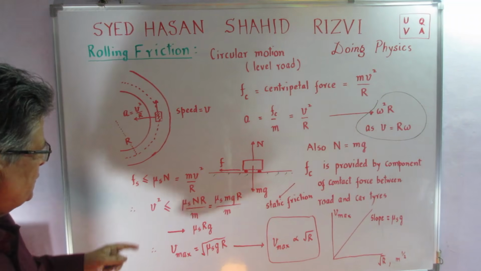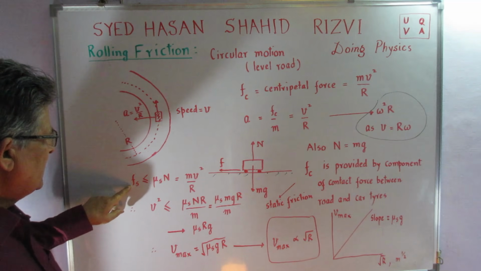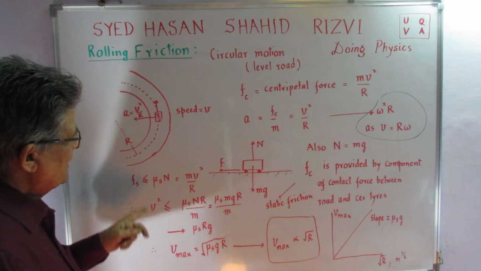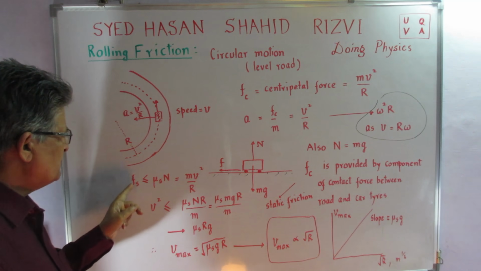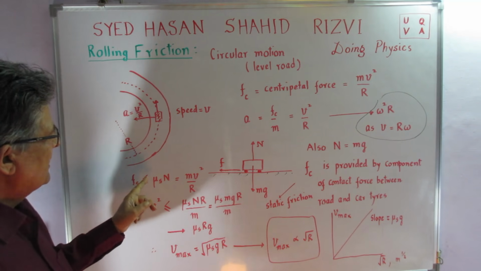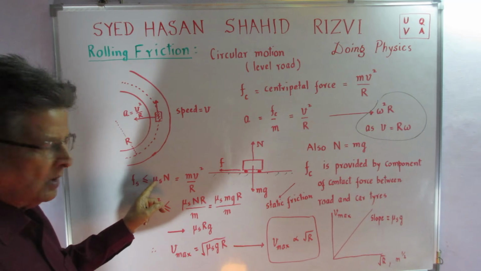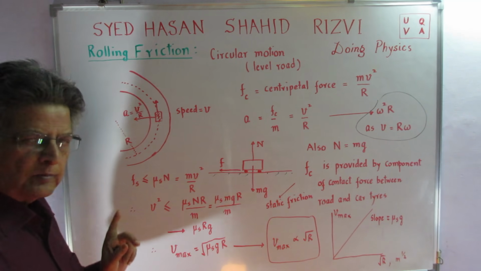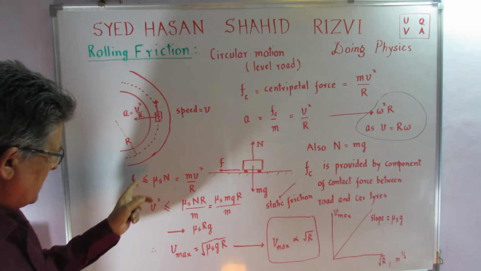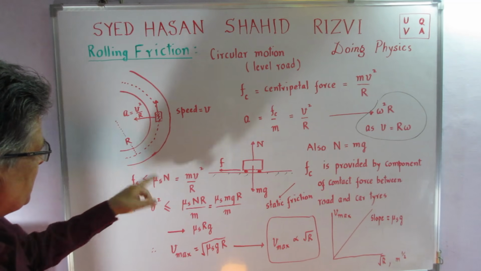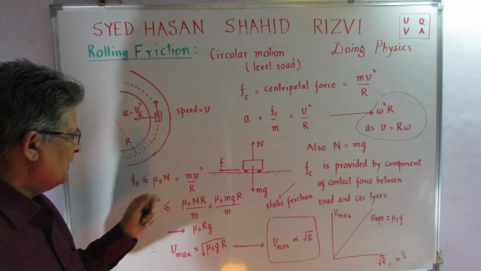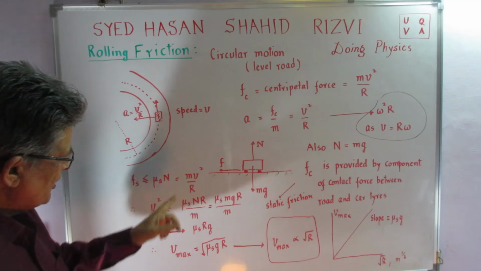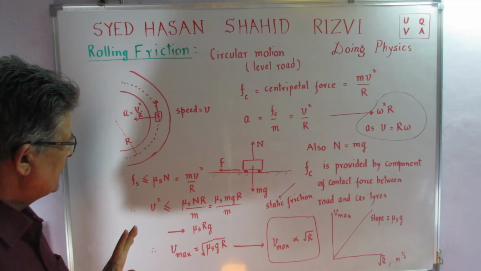So for the motion to take place, Fs must be smaller than or equal to mu s into N. By definition, Fs is proportional to N, and Fs is equal to mu s into N, and this is equal to m v squared upon r.